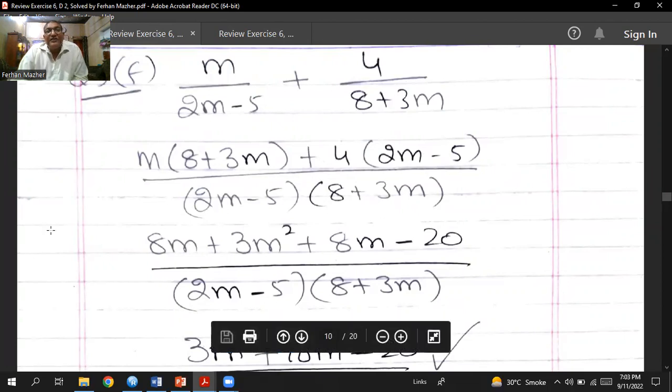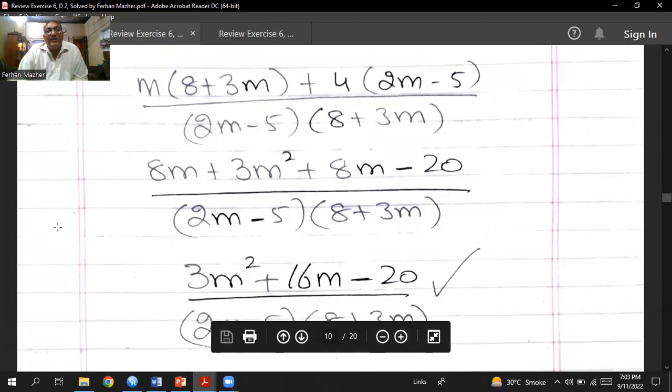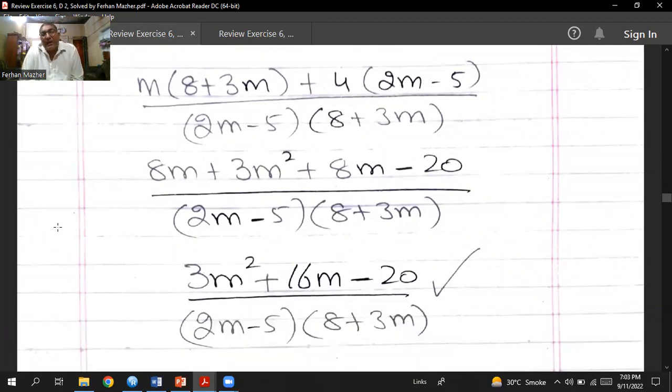And then you see you will have 8m plus 3m square plus 8m minus 20 divided by 2m minus 5 in one bracket and 8 plus 3m in the other bracket. So you will have now 3m square plus 16m minus 20, and in the denominator you will have 2m minus 5, and then you will have in the other bracket 8 plus 3m.